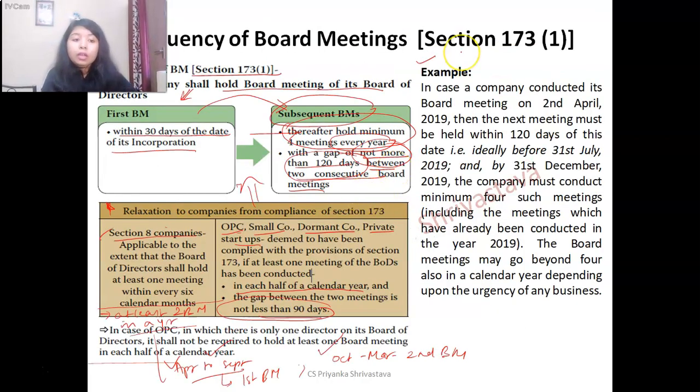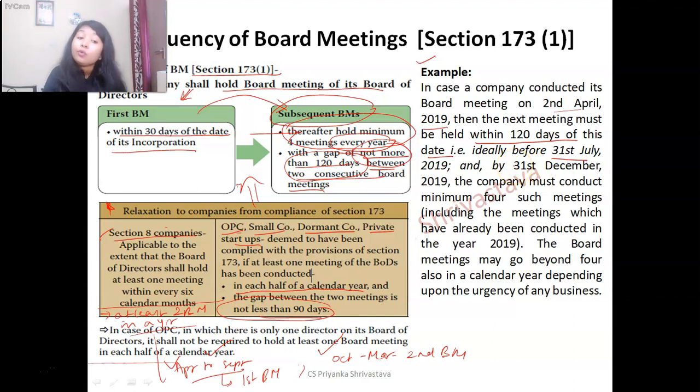Now, there is an example which says, in case a company conducts its board meeting on 2nd April 2019, the next meeting must be held within 120 days of this date. That is from 2nd April to 2nd May, 2nd June, 2nd July. 2nd July is 3 months, that will be 90 days. Then we add 30 days to it, that will be around 31st July.